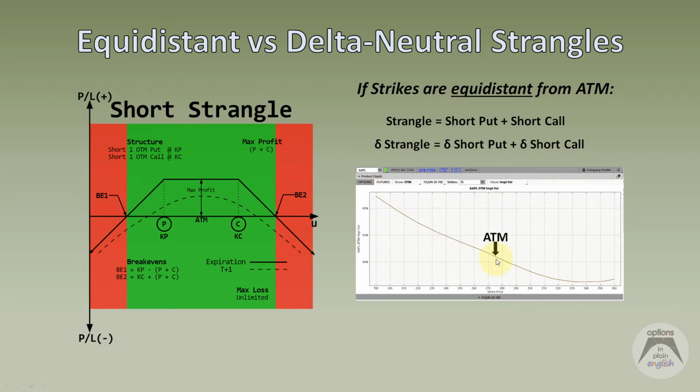So this is a real example. This is Apple at 275. This is the at the money. If we go the same distance away from the at the money, we sell a put a certain distance away, and the same distance away to the upside, we sell the call. So this is an equidistant strangle.